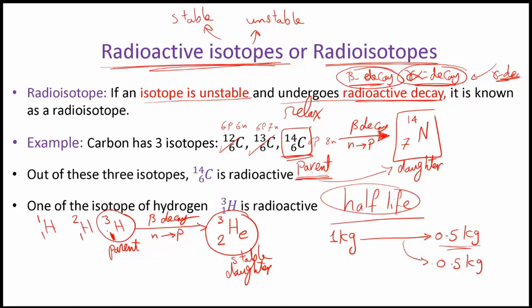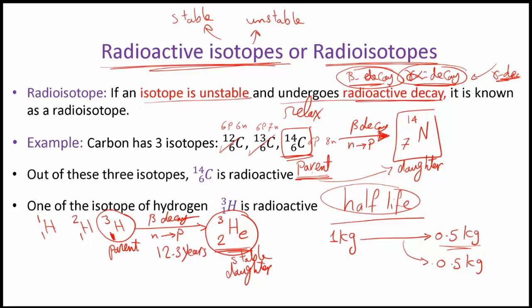Also the hydrogen-3, the tritium. Half a kilogram will become helium-3 and half a kilogram will stay as it is. The half-lives are measured for all the isotopes that we know. So for example, for tritium, it's around 12.3 years.